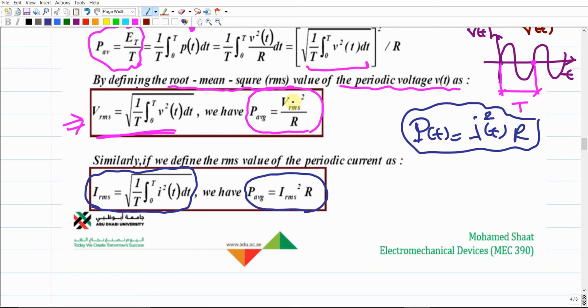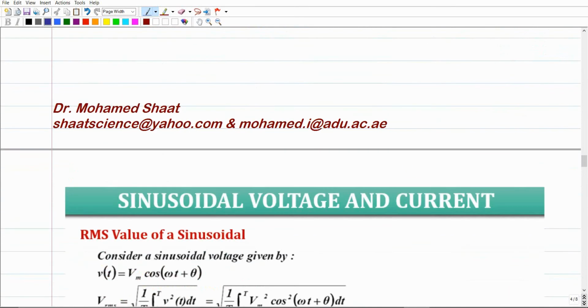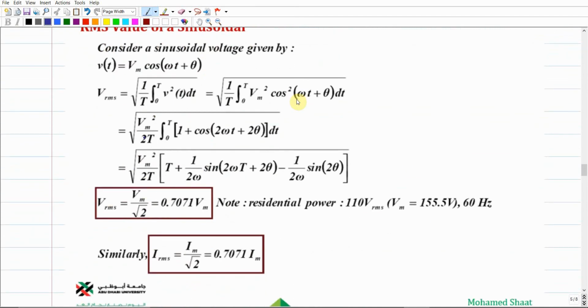So now we would like to calculate the root mean square voltage and the root mean square current of any sinusoidal wave. If we assume a voltage, the same thing can be applied to the current. If you have a voltage source with the cosine form, the sinusoidal form, and if it wasn't cosine, you convert it first into the cosine form, then we work using the cosine.